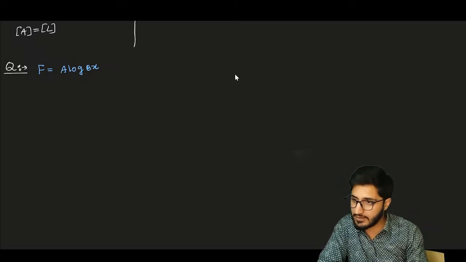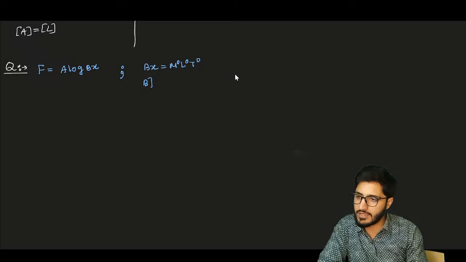So I can write like this: Bx is equal to M0 L0 T0. What is X? X is a length, so I can write length L. It is equal to M0 L0 T0. So my B came out to be L inverse.